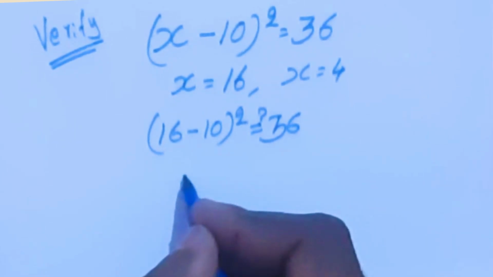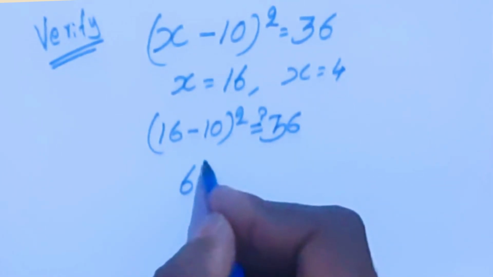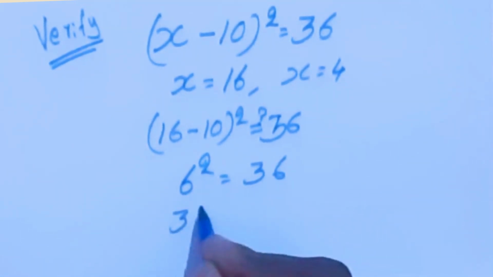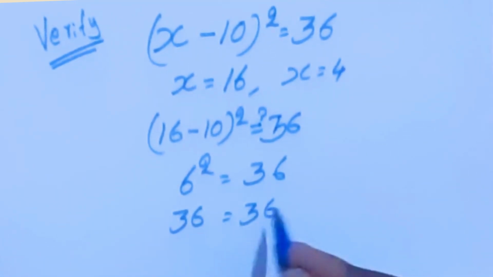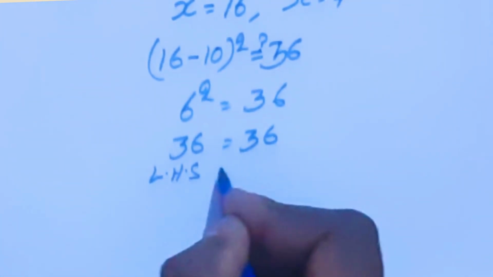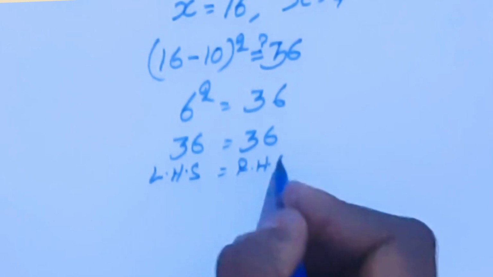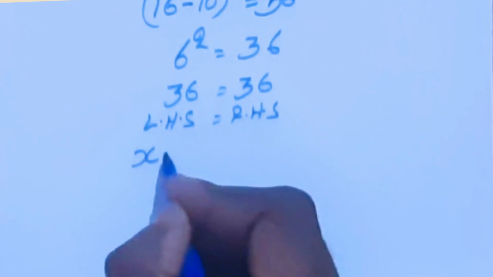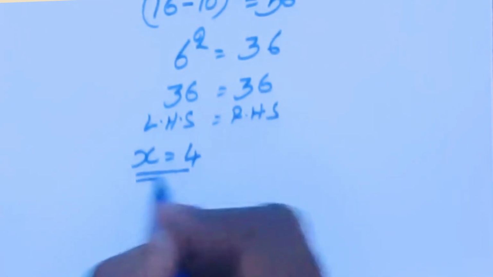Now here it is 6^2 = 36. So 36 = 36. So here LHS equals RHS.